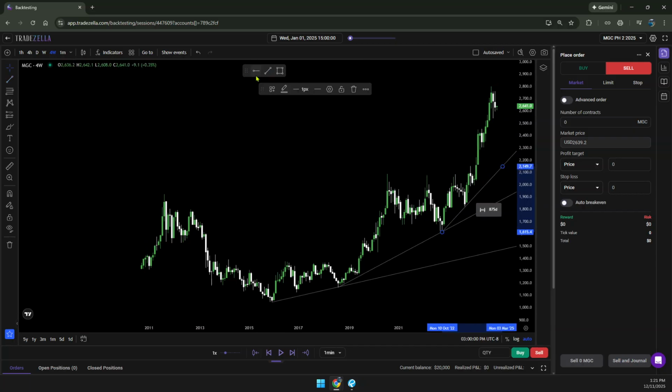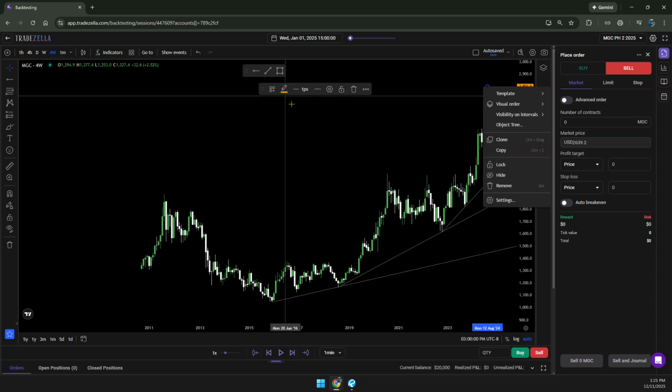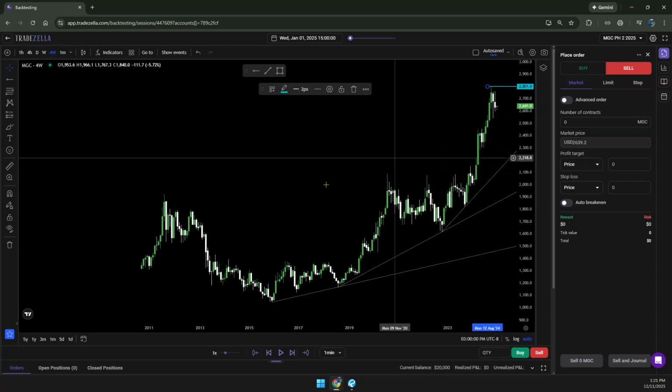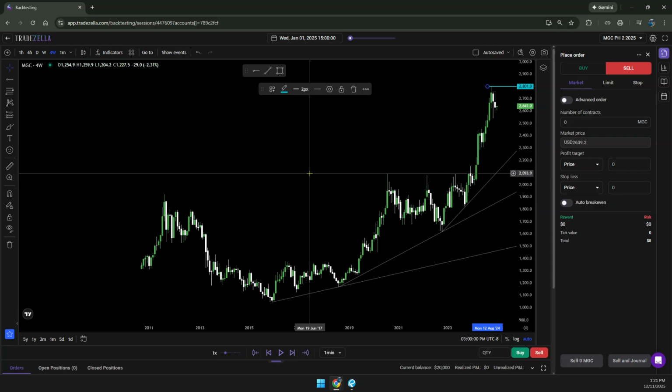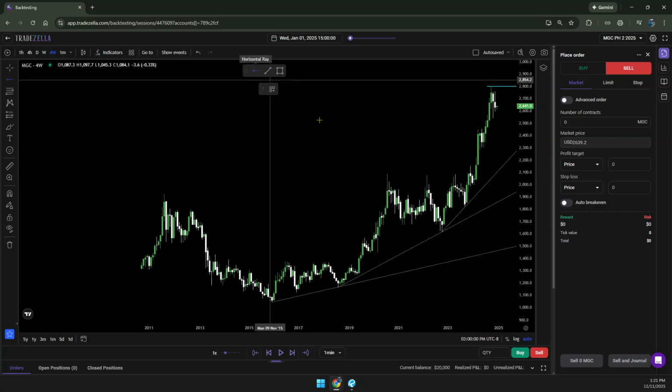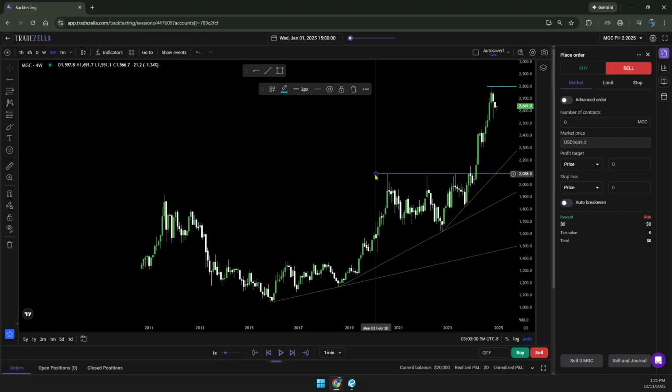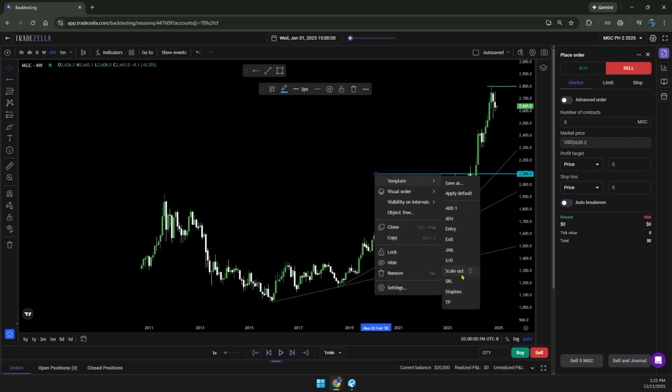I do like to mark out my all-time high. We'll go boom here. That is all-time high. I see one monthly support level that I think I will take. This is kind of frustrating when the lag is not quite right.